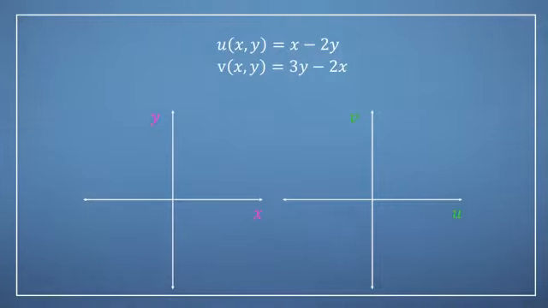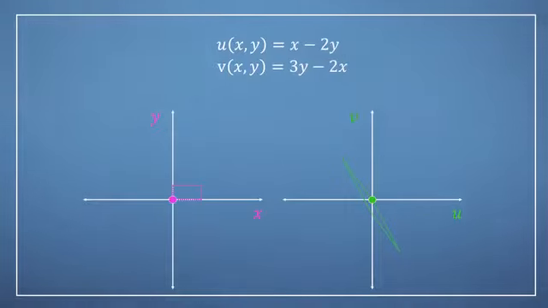Each point in x, y has a corresponding location in uv. So, as we move around xy space, we would expect our corresponding path in uv space to be quite different, and so it is.